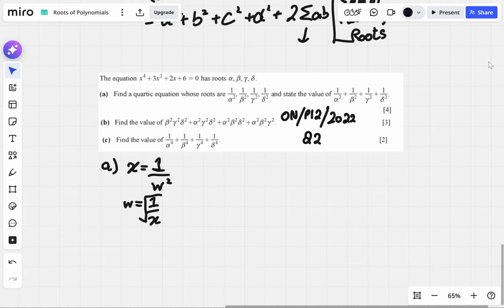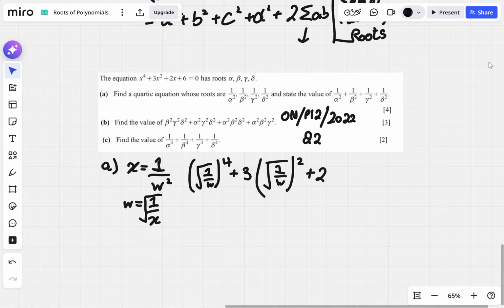That would become square root 1 over w, and that would be power 4, plus 3, same thing again, 1 over w whole squared, then plus 2 bracket square root 1 over w, and then the last is going to be plus 6, which is equal to 0. So let's solve this.